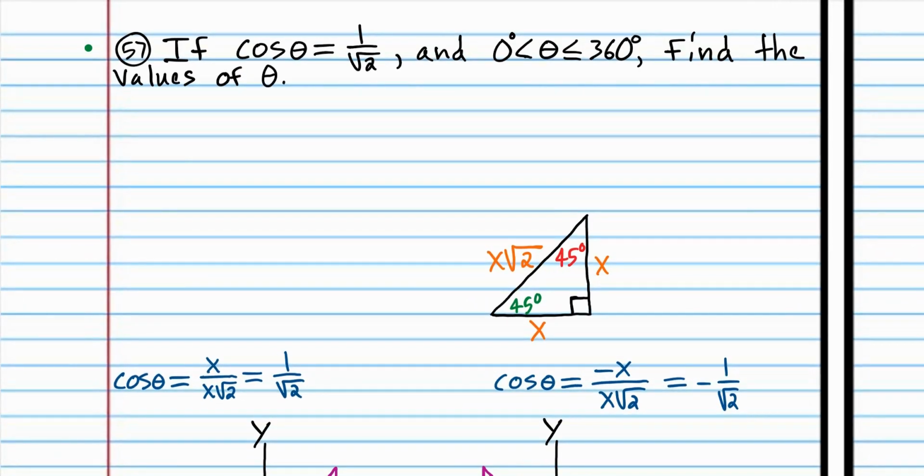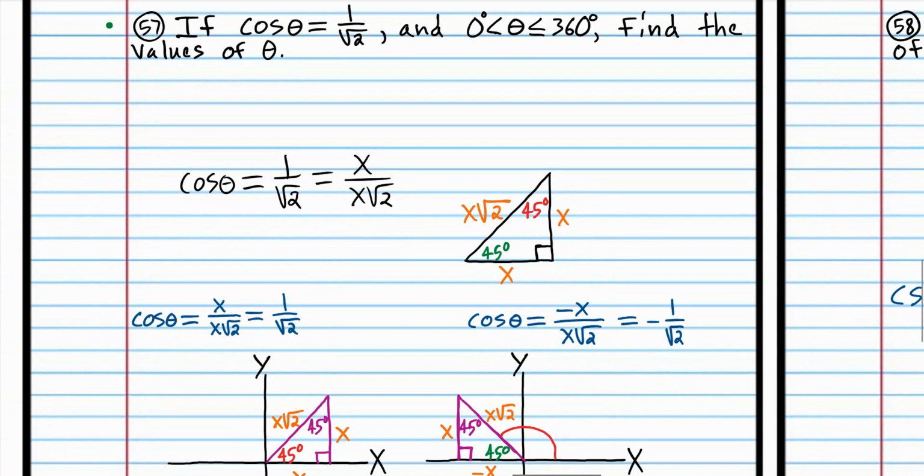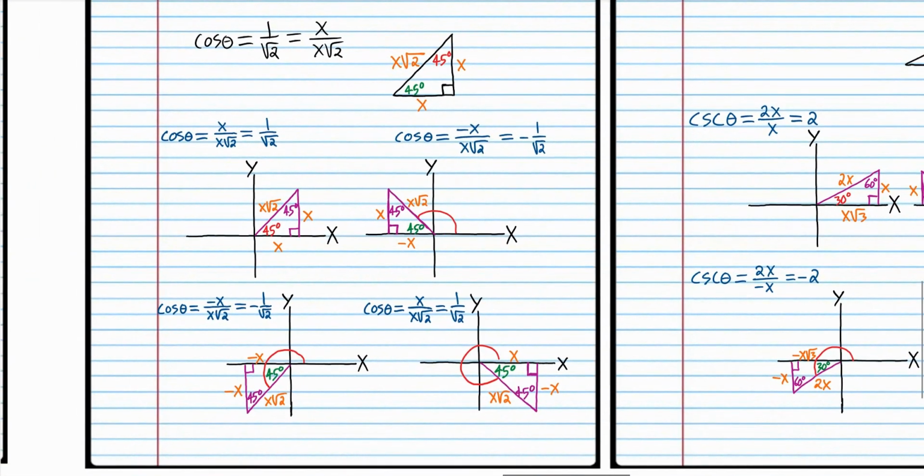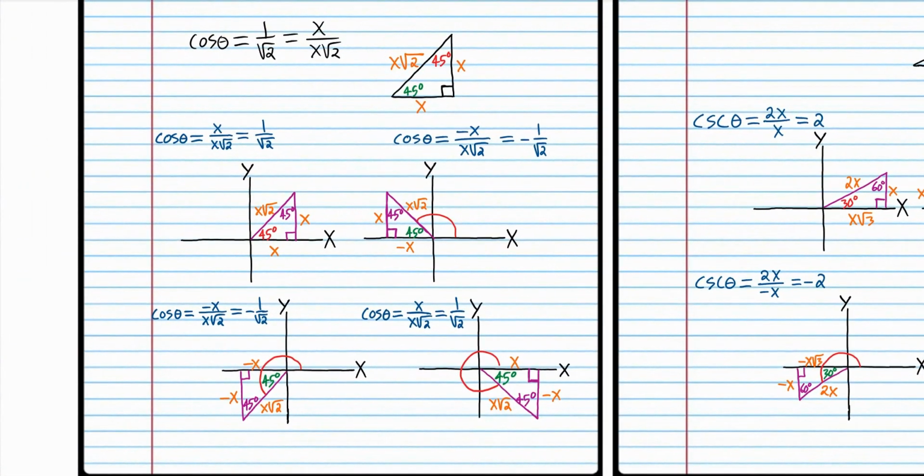Okay, we're back. So we're told that cosine theta is equal to 1 over root 2. But if we write it as x over x root 2, we can recognize it as a 45, 45, 90 degree triangle. So we place a 45, 45, 90 degree triangle in the first, second, and third, and fourth quadrants.